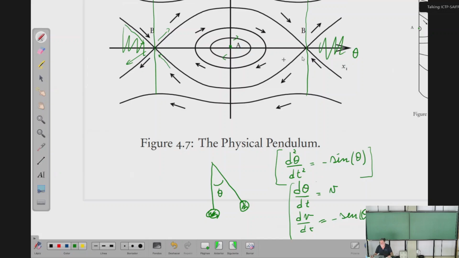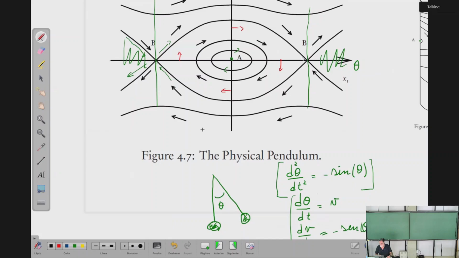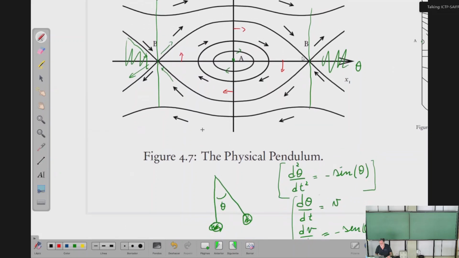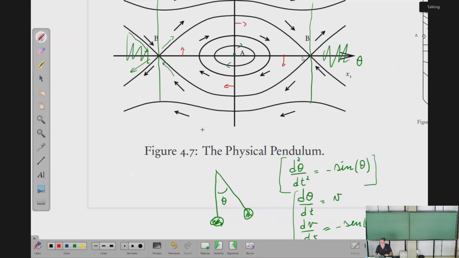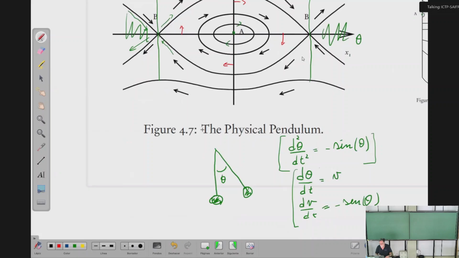It has only a vertical component, so it moves like this, and here like that. When theta is equal to 0, it has only a horizontal component, so the vector field comes like this, and so on. So you can draw the vector field and guess what the solutions do without any computation.